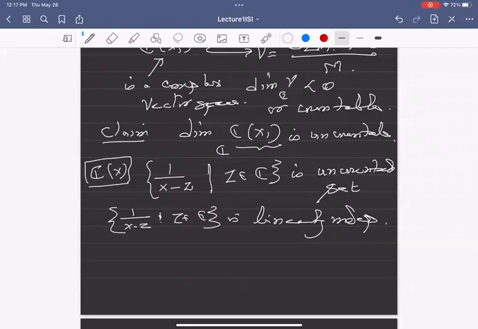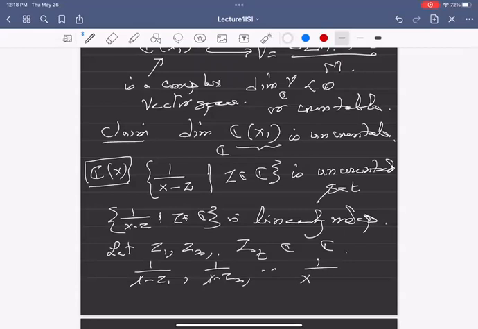Okay. So suppose there is a linear dependency relation. Let z1, z2, ..., zt be complex numbers, and look at 1 over x minus z1, 1 over x minus z2, ..., 1 over x minus zt. And suppose they are linearly dependent.